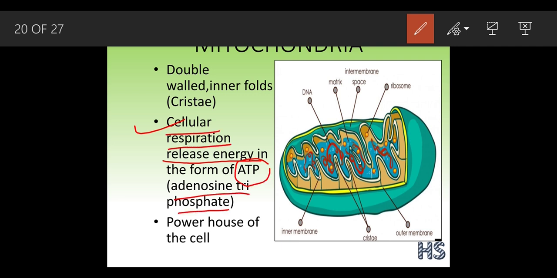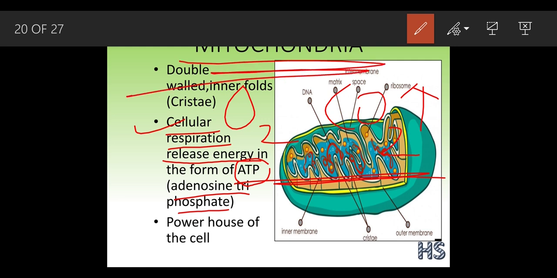Cellular respiration means we humans take in oxygen but release carbon dioxide, okay. This taking in of oxygen and releasing of carbon dioxide happens inside the mitochondria, so that is why it is known as cellular respiration, which releases the energy in the form of ATP.